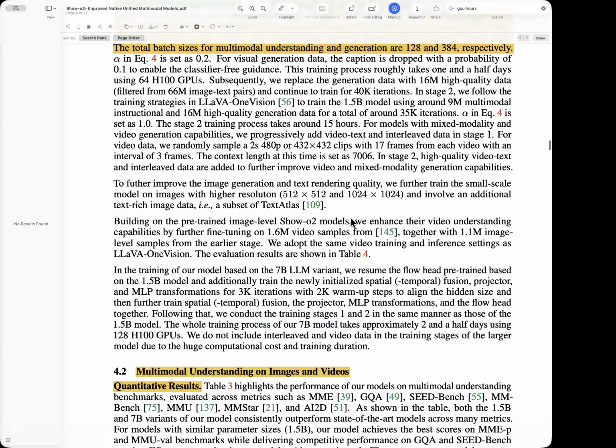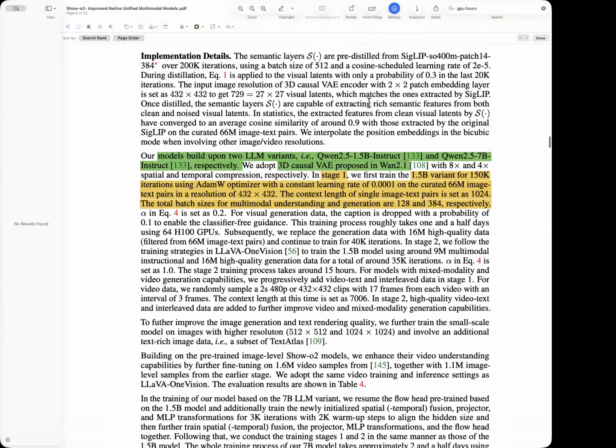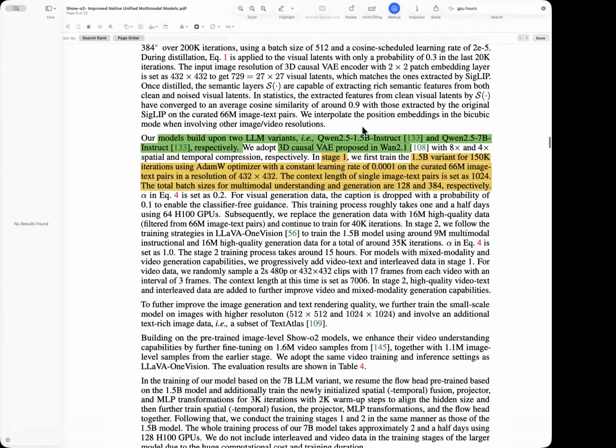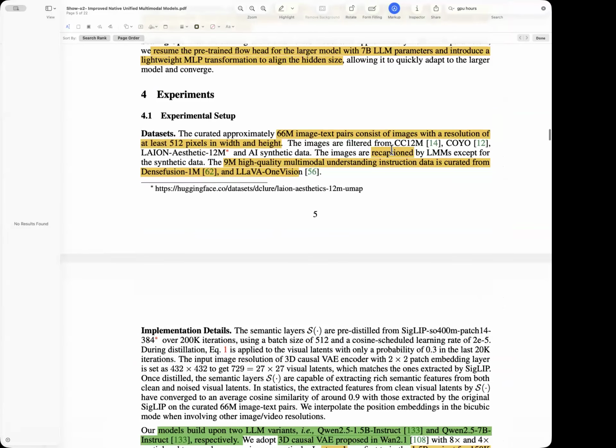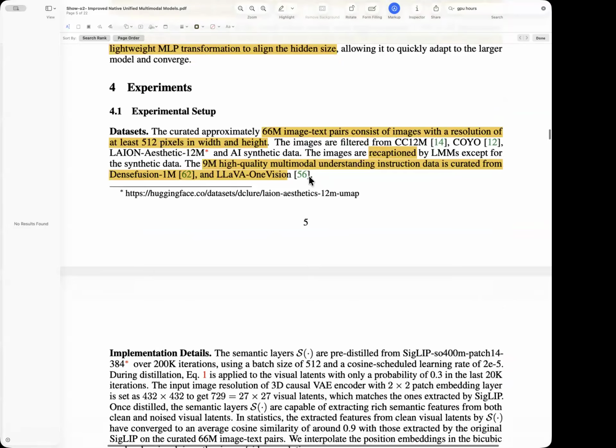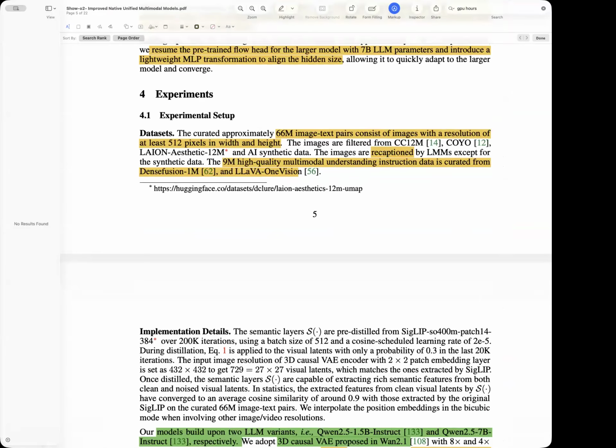They do talk about for this training data, rewriting it and augmenting it, like images are recaptioned by LMMs, stuff like that. Yeah. They talk about the training steps, iterations, learning rate, all that stuff. But point being, this is not that expensive.